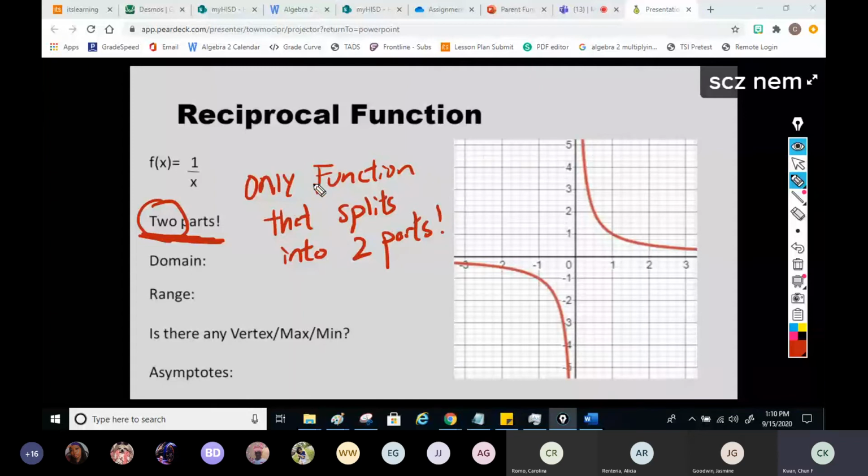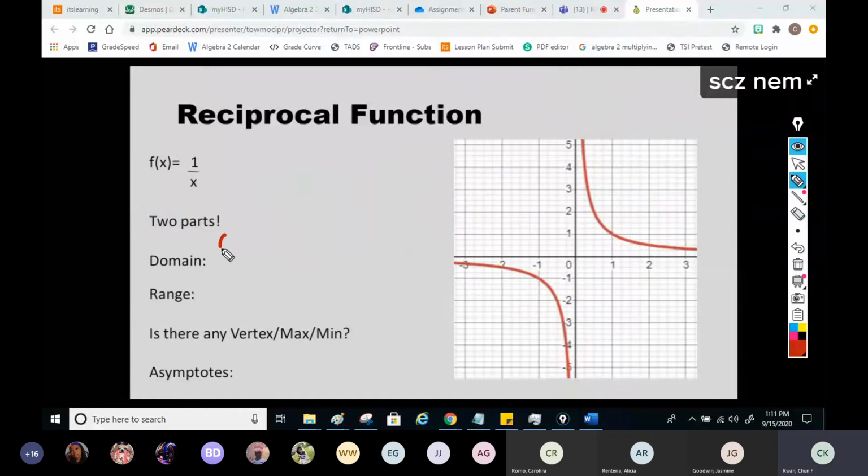So if you see something that splits into the upper right part right here, and then also the lower left part right here, that would be the reciprocal function. If you see something that is split into 2, that is the reciprocal function.